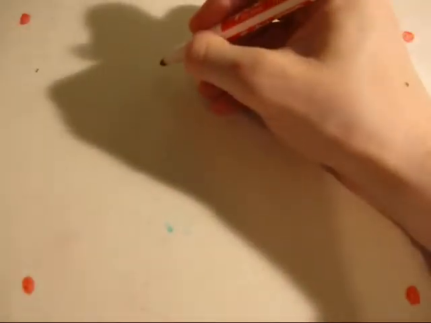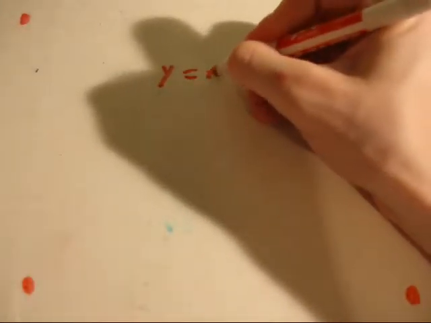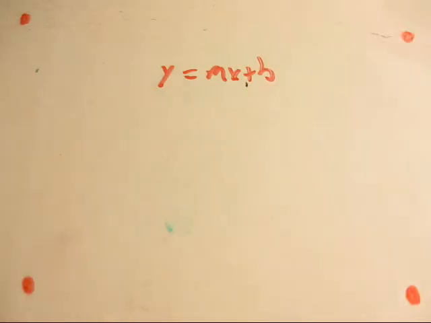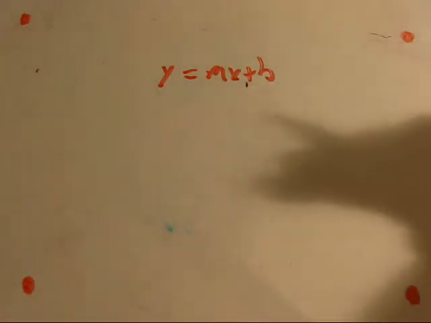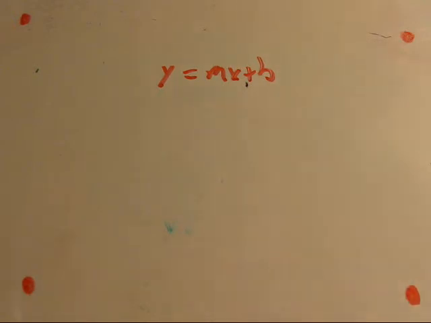Okay, so we've already covered a few things, such as graphing with your regular y equals mx plus b lines. But now let's move on to something we call functions. What is a function?